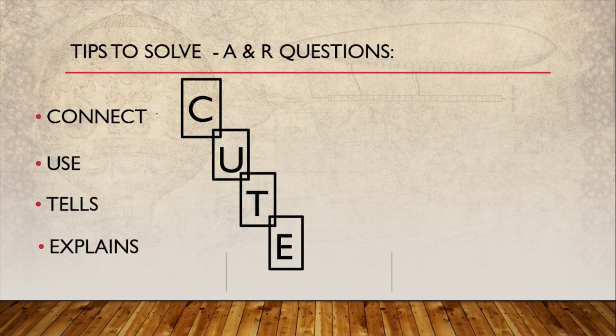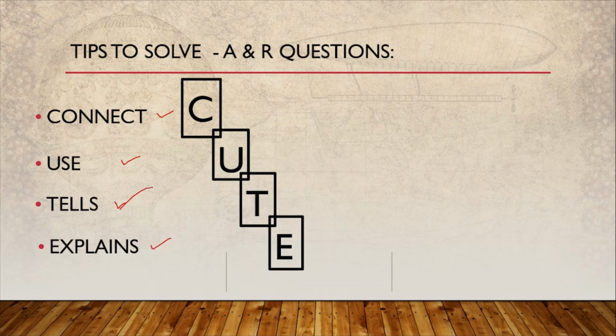C means connect. That means the statement of reason and assertion have a connect. Both should be about the same thing. Then U, use. The assertion is using the statement given in the reason. T, tells. The reason should tell about the assertion or explain about the assertion.